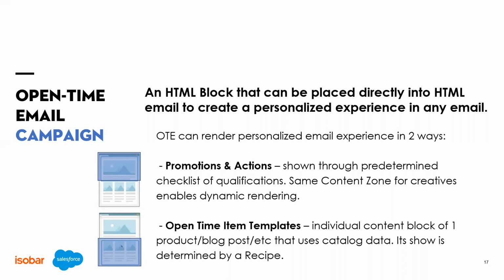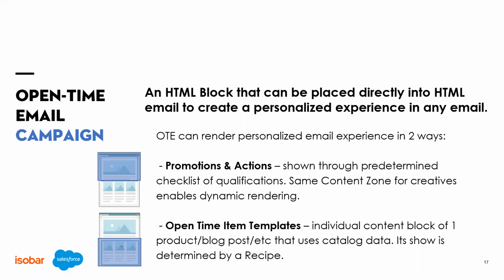So the system will not select randomly, but based on an algorithm, with this configuration of the Einstein recipe, select which products or blog posts will be recommended in the email. So this is in terms of the two things that you can bring in. And in reality, how it might work is that, let's say you bring both promotion and open time item template all together to be rendered by Interaction Studio.